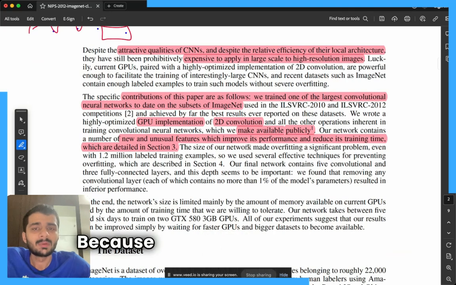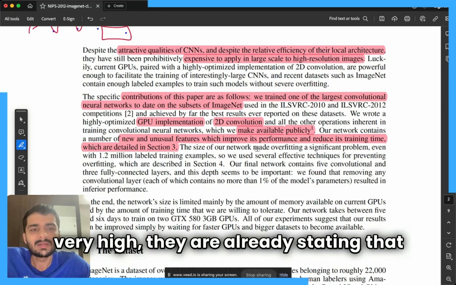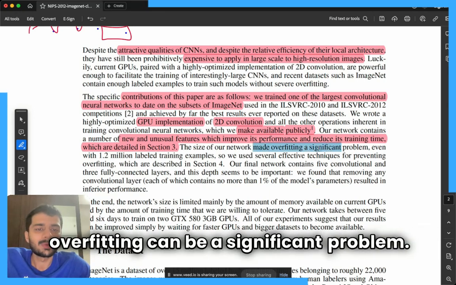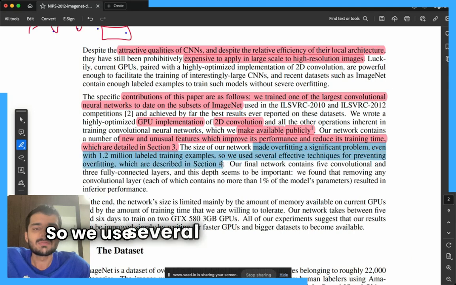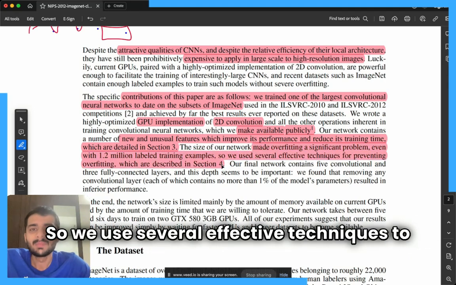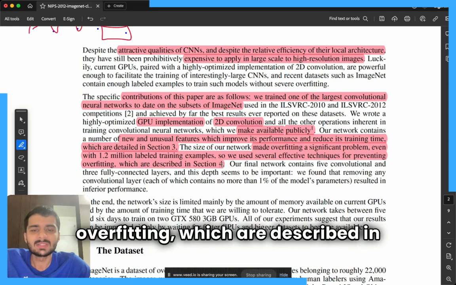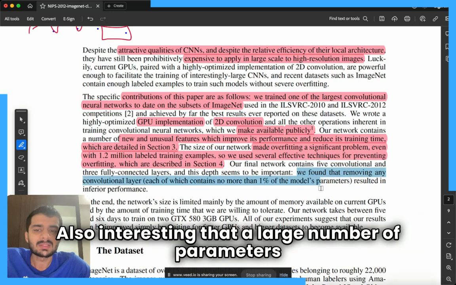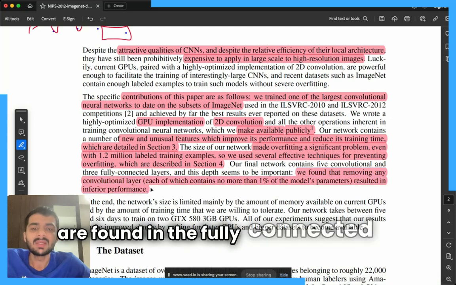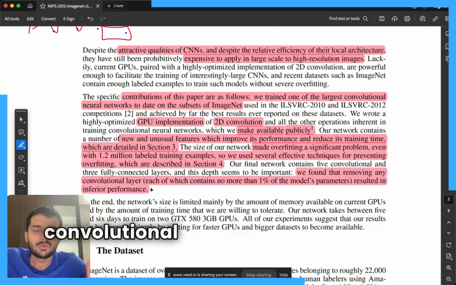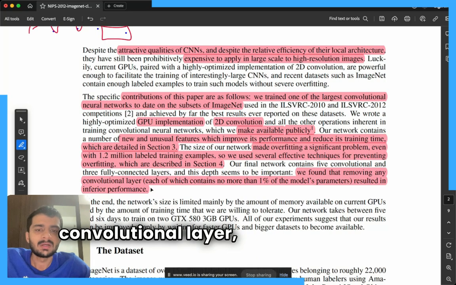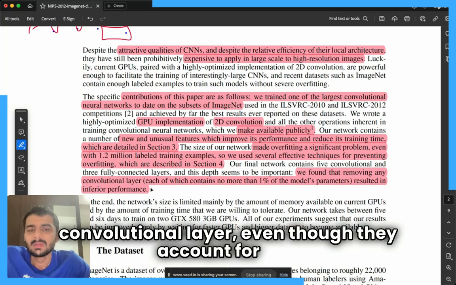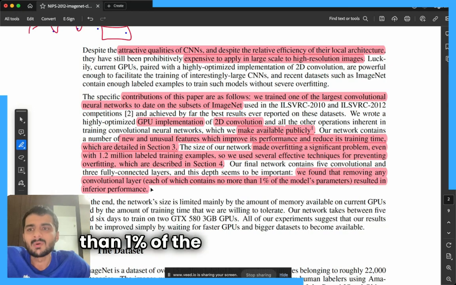Two, because the size of the network is very high, they are already stating that overfitting can be a significant problem. So we use several effective techniques to prevent overfitting, which are described in section number 4. Also interesting that a large number of parameters are found in the fully connected layers, while the convolutional layers account for less than 1% of the model parameters.